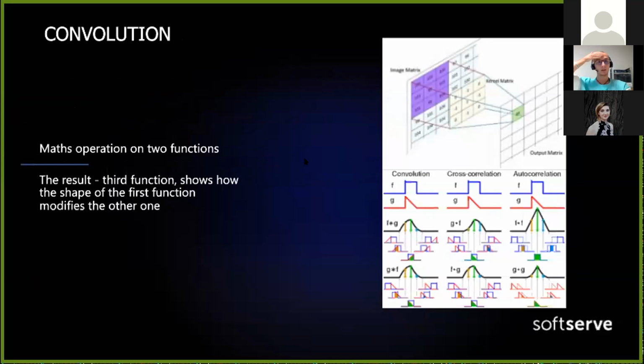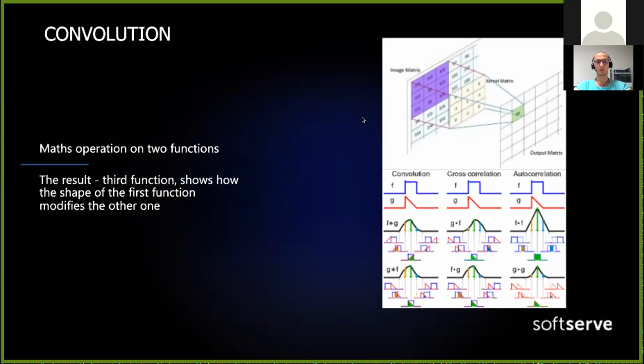Convolution is the main operation in convolutional neural networks. Convolution is a math operation on two functions, and the result is a third function. This third function shows how the first function modifies the other one. On the picture, you can see that in the convolution process we use some matrices.